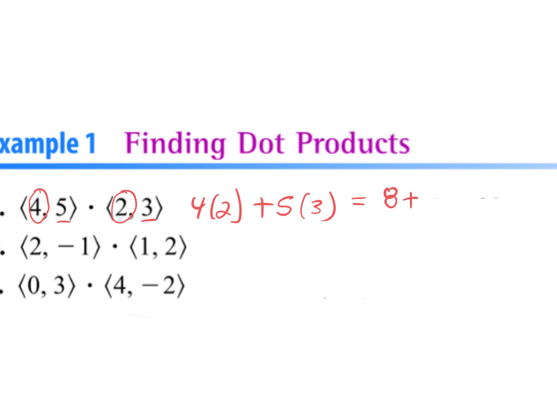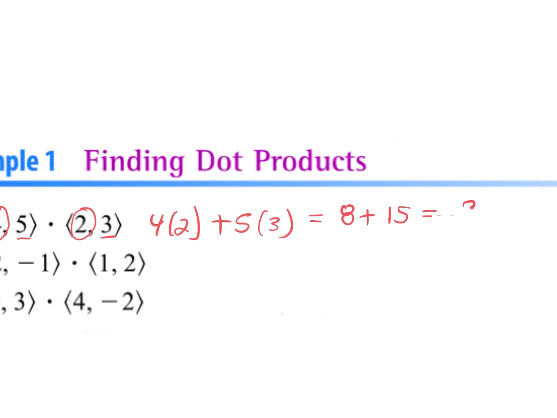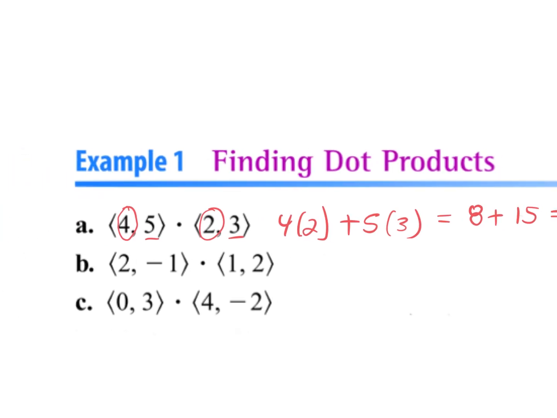Plus 5 times 3 is 15. And what is 15 plus 8? 23. So your dot product of those two vectors is 23. It's a singular value. So if you're finding the dot product, guys, you take the first times the first plus the second times the second.